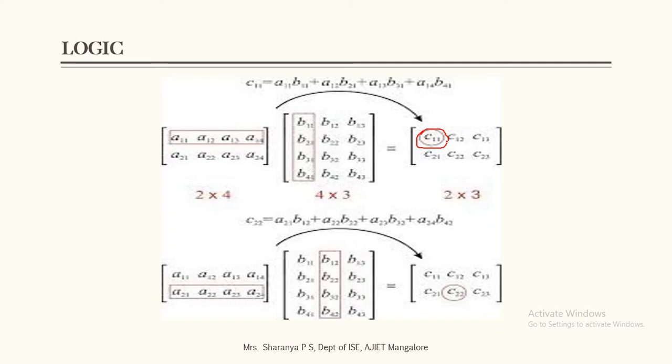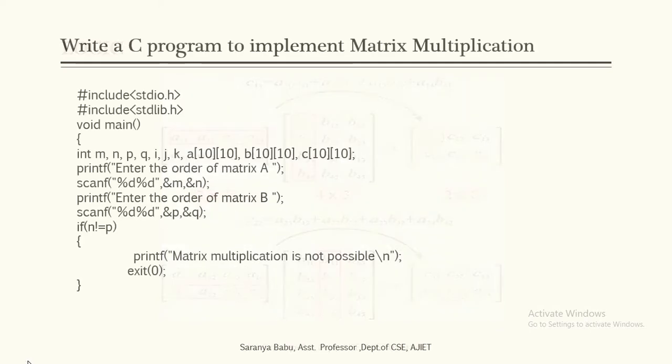C11 is obtained by A11 into B11, this and this element, plus A12 into B21, and A13 into B23, plus A14 into B14. This is how we are performing the element-wise computation and storing the result. In the same way, next we have to refer the second row and the second column. This is how we are performing the matrix multiplication.